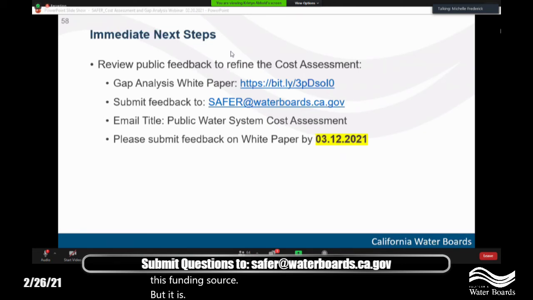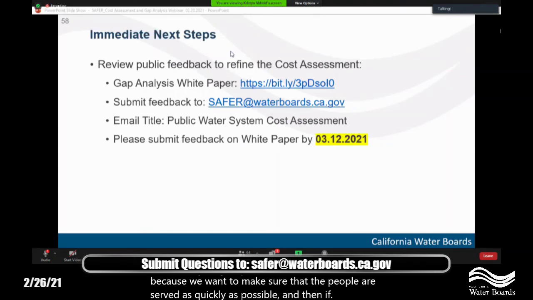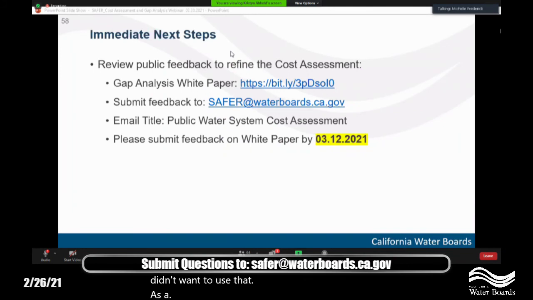And as Tara said, we'll outline some of those costs, but what that actually turns out to be, we are not including that in the gap analysis because we want to make sure that the people are served as quickly as possible. And then if some of that can be reimbursed, that would be great. But we didn't want to use that as a source of funding without knowing that it's there at this point.